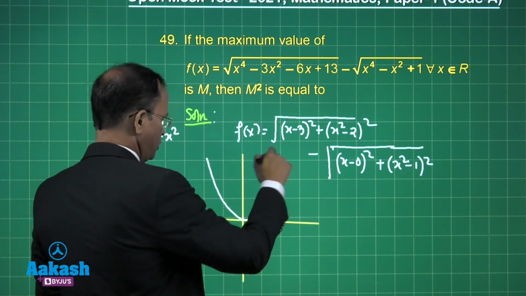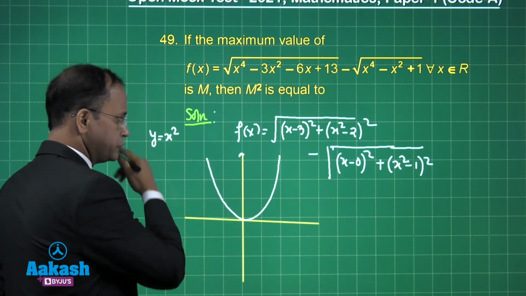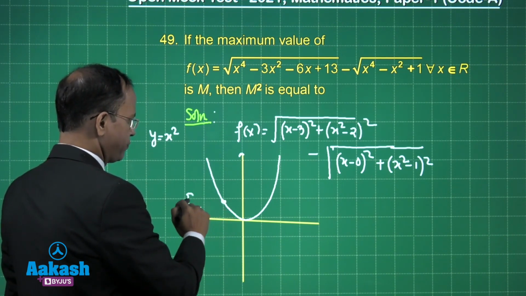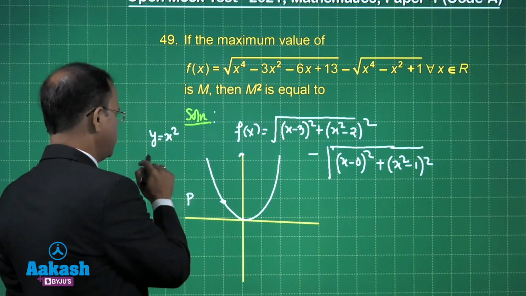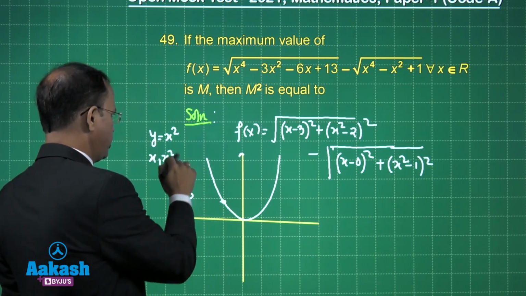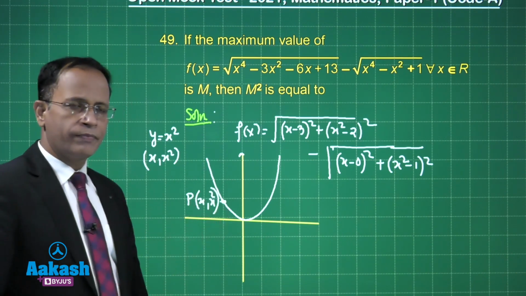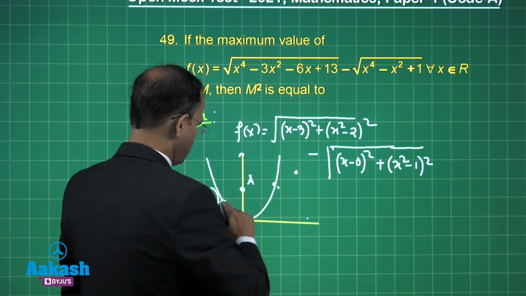I have drawn this parabola. You can see a few points given to you. Let me take this point as P, which is nothing but (x, x²), since the point with x-coordinate x has y-coordinate x². Now we join this point.